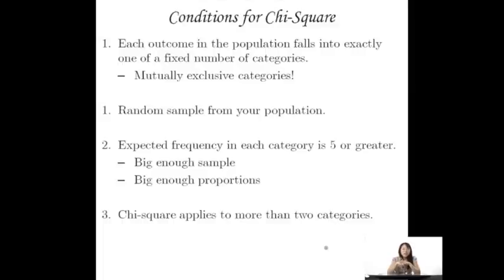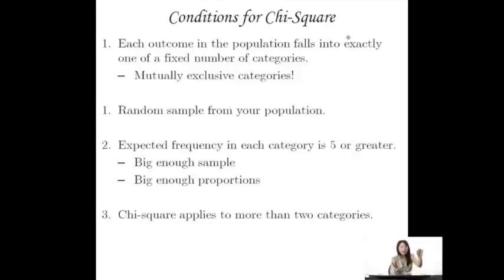Okay, so there are some conditions that we need to know before we use the chi-square. You can't just always use it. There are conditions that have to be met. One of the conditions is this: each outcome in the population falls exactly into one of a fixed number of categories.